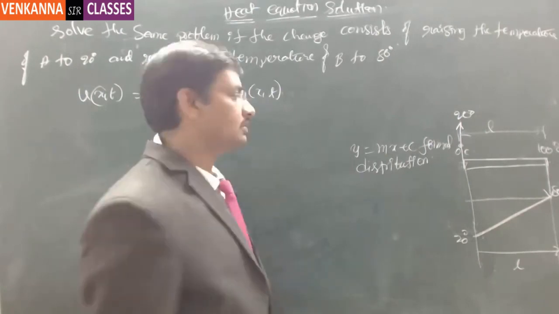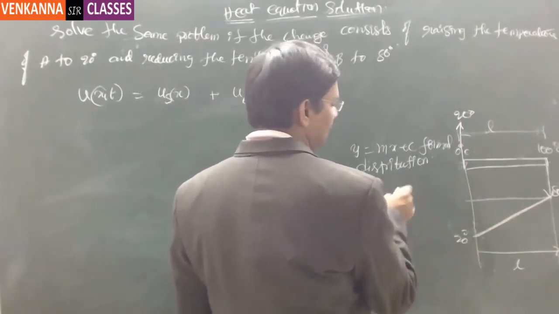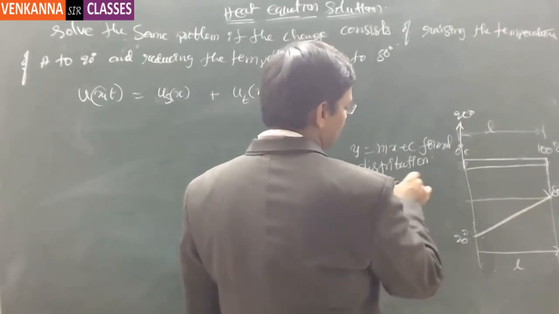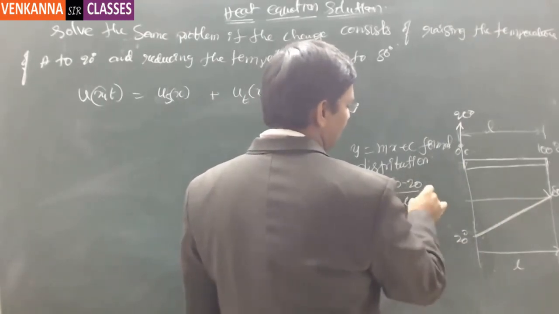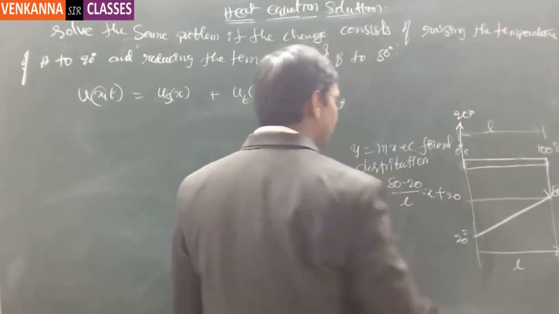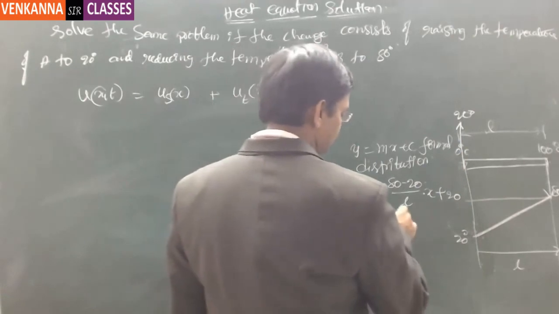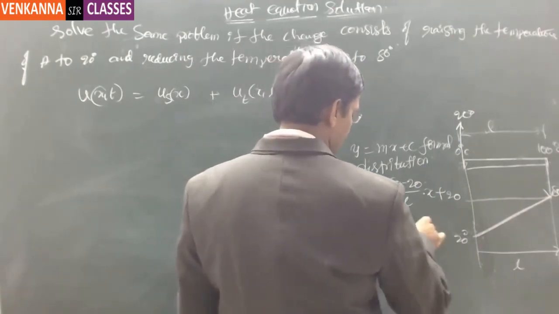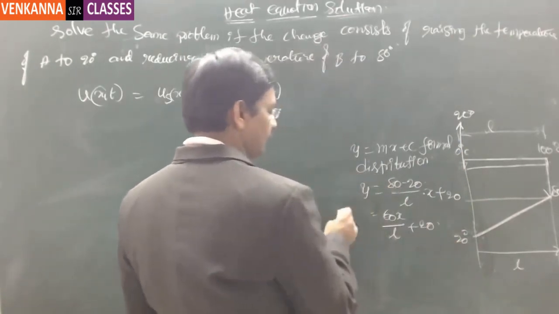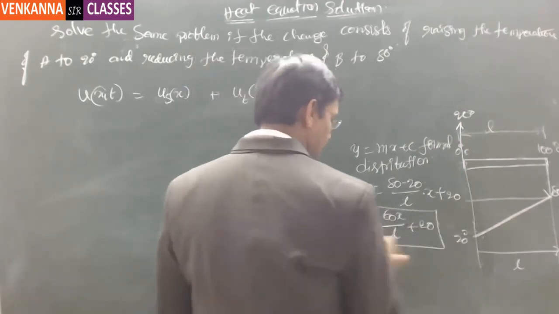So this steady state solution you can keep as y is equal to m, which is 80 minus 20 divided by L, into x plus c, the initial y intercept, which is 20. So this is y is equal to 60x by L plus 20. This is u s of x, the steady state solution.